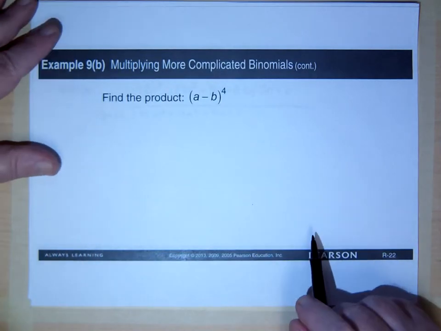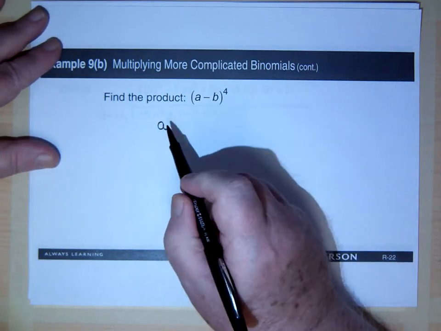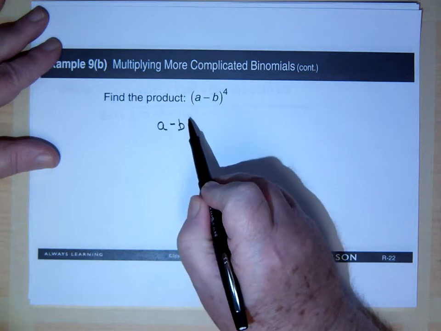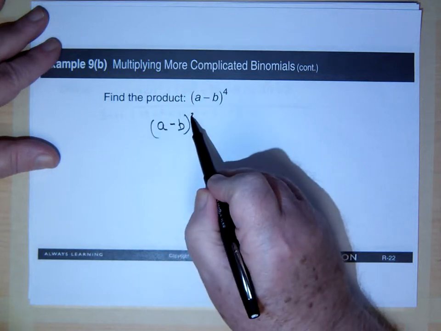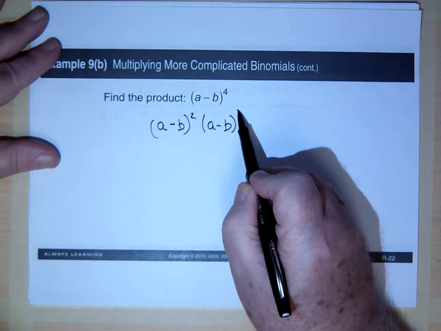We can have something being a little bit more involved like this. This is the same thing as a minus b squared times a minus b squared.